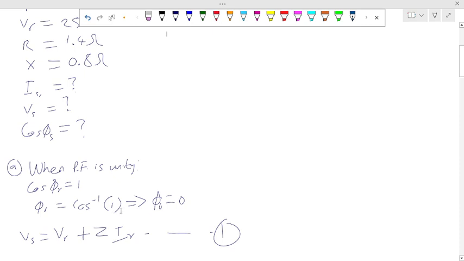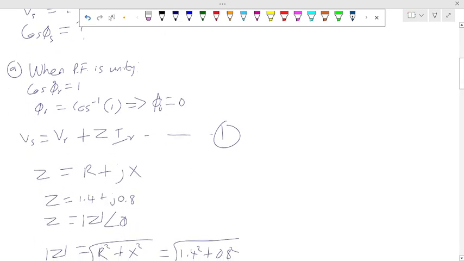Cos inverse of 1 is 0, meaning phi R equals 0. Now that we've gotten that value, just keep it somewhere, because we are going to make use of it when determining the current. This is the phase angle at the receiving end.